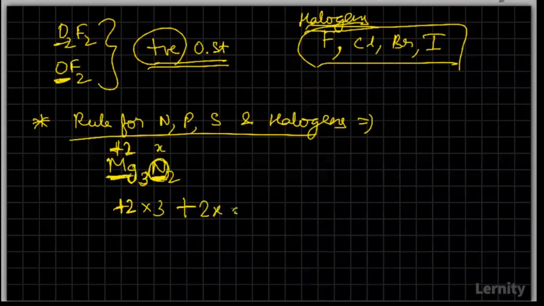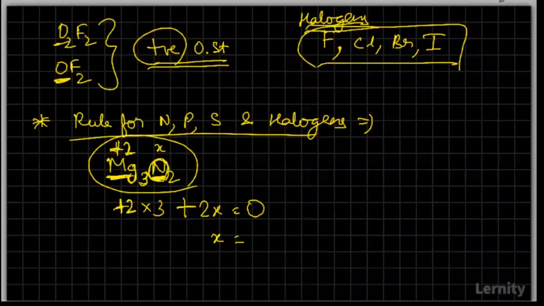The overall compound is neutral. Now, what will it be? Solve this and tell me the value of X. That will be the answer for the oxidation number of nitrogen. So this is how you have to proceed.